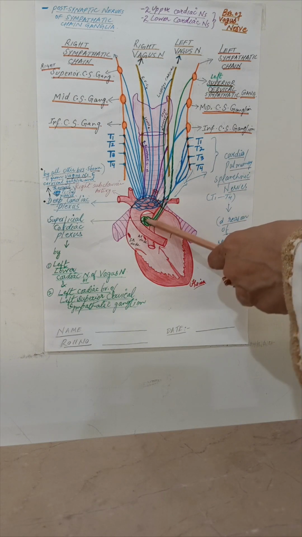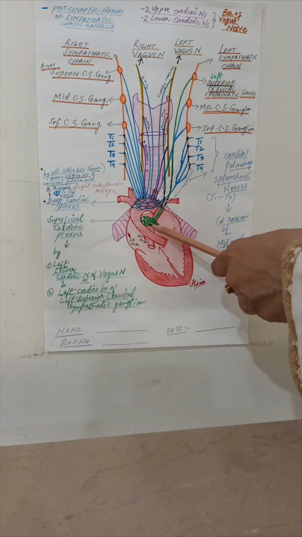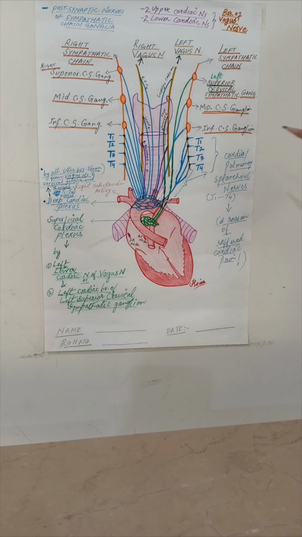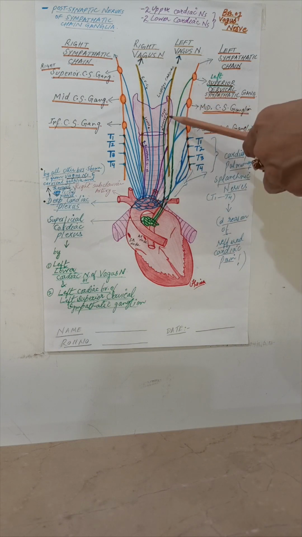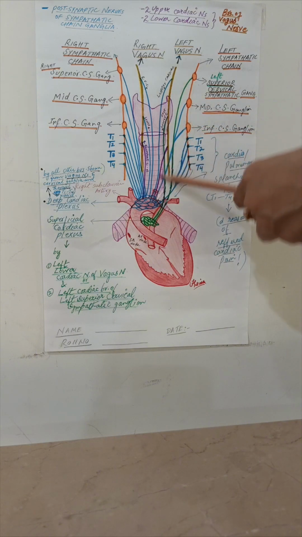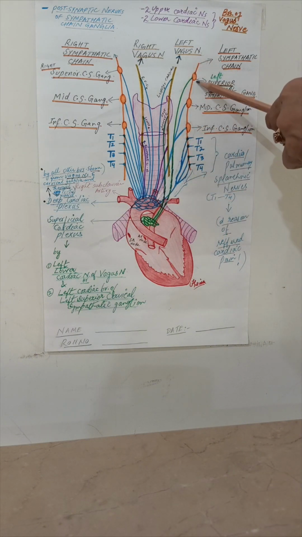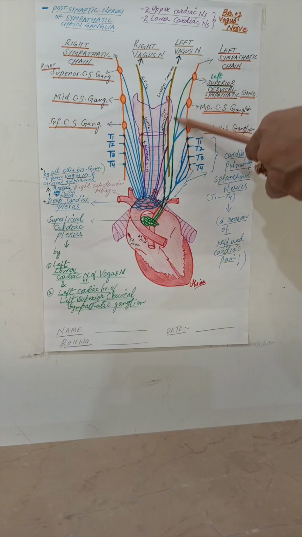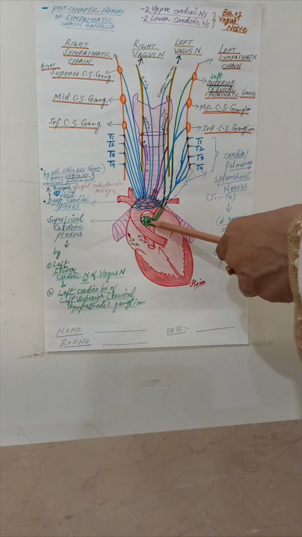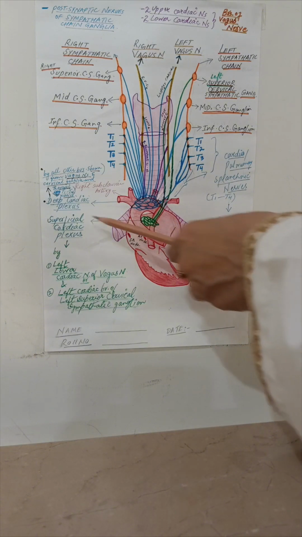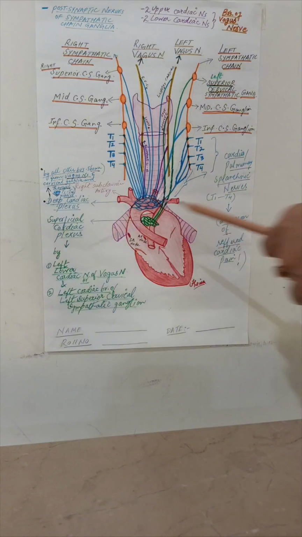So simply, as it is minor, only left-sided branches take part in it. The left lower cardiac branch of the vagus and the left superior cervical branch of the sympathetic chain, just 2 in number, take part in the formation of the superficial cardiac plexus.